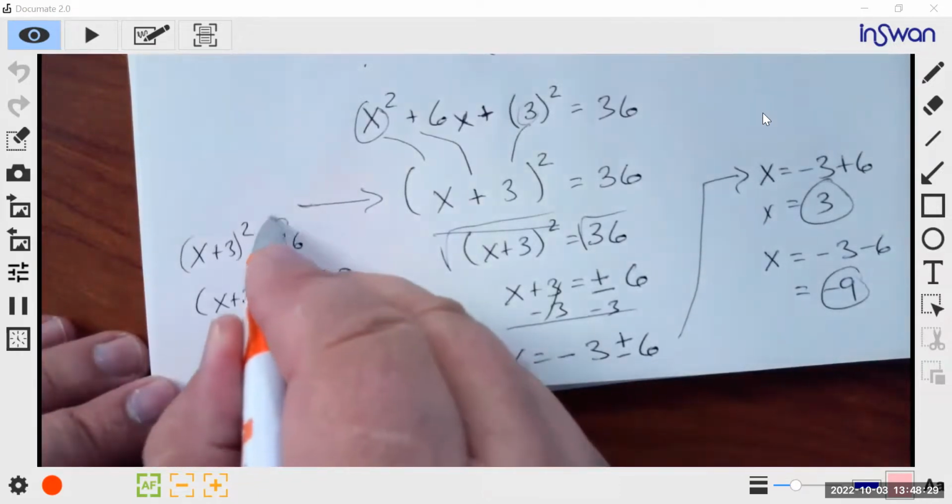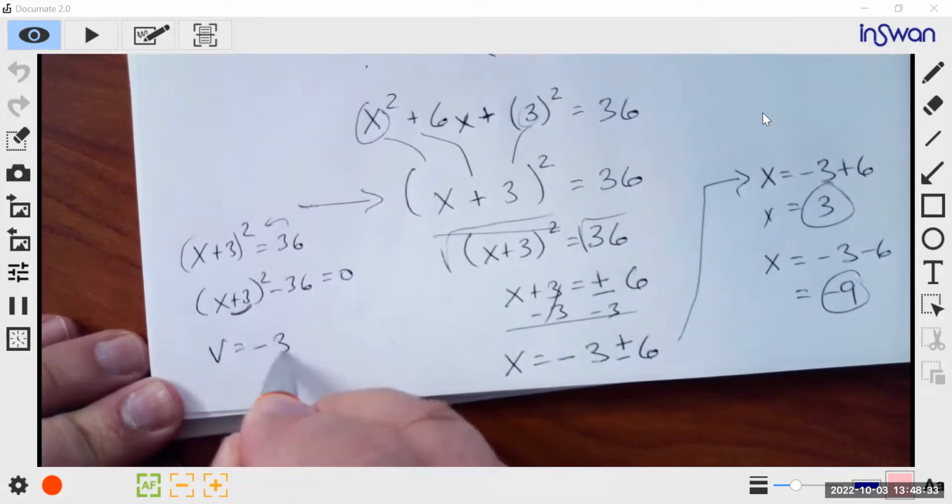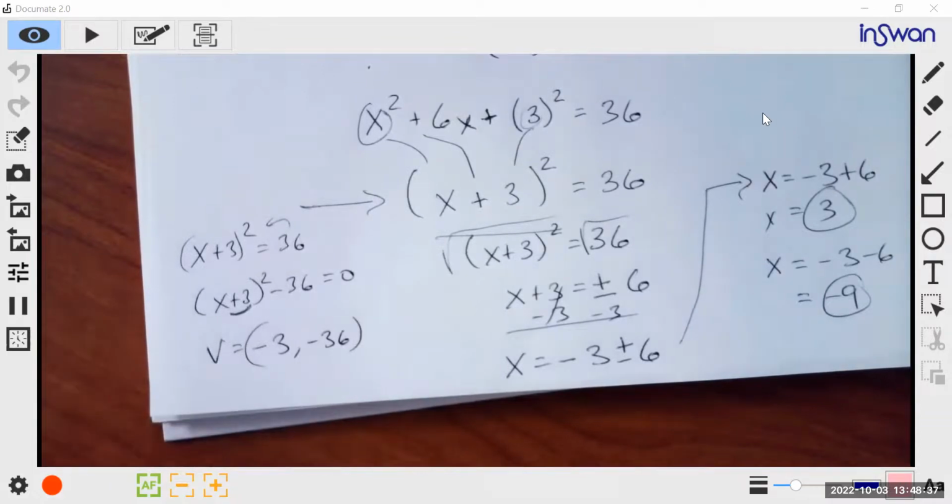So move the 36 that side. So my vertex is going to be at -3, -36. And we're gonna learn how to get that in a second. That's the next section, but I'll show you, this does a lot for us.